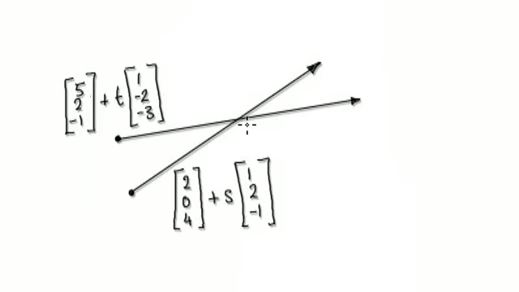Okay, so to do this, if the two lines truly intersect, then the x, y, and z location of the two lines will be exactly the same. Looking at the equation for this line, the x location is this.